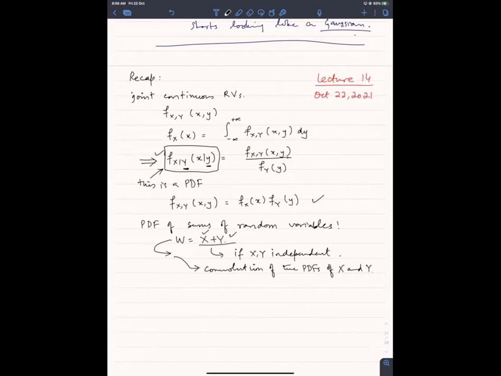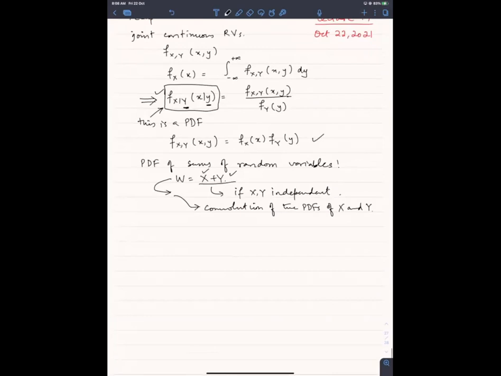And there are two ways of doing that. One is graphically, and the other is to do it analytically. In fact, even if you do it graphically, you will need the analytical expression. So I'm going to continue this discussion, and I will talk further about the sums of gamma random variables.